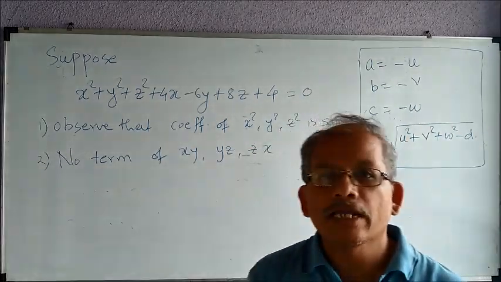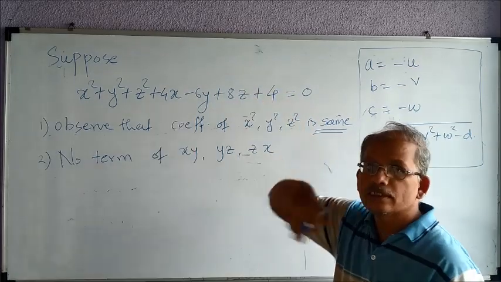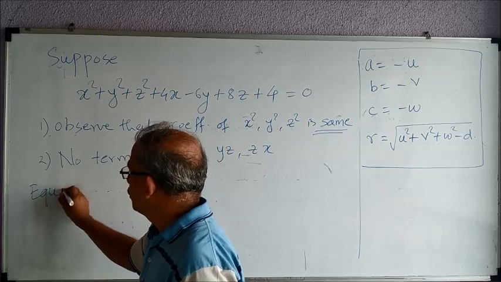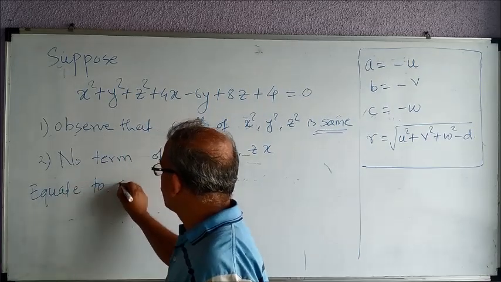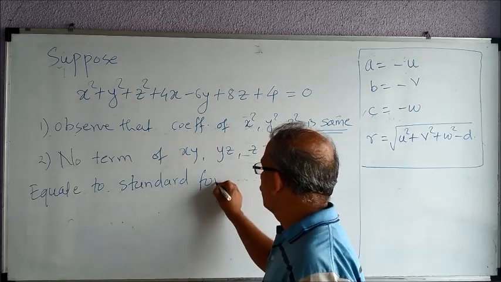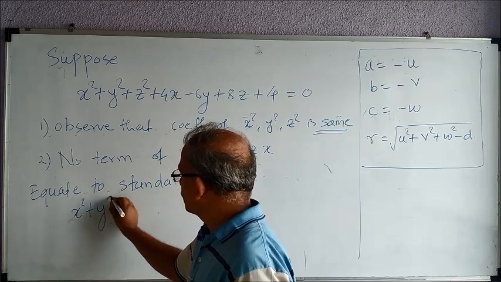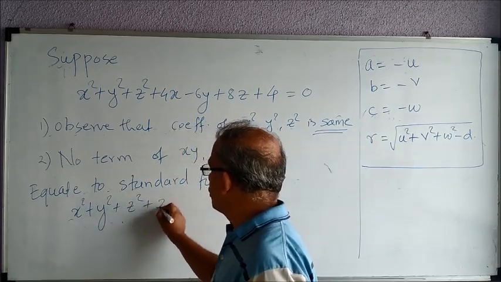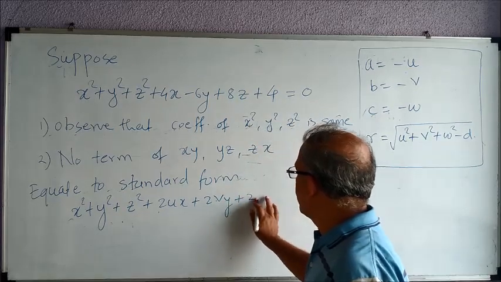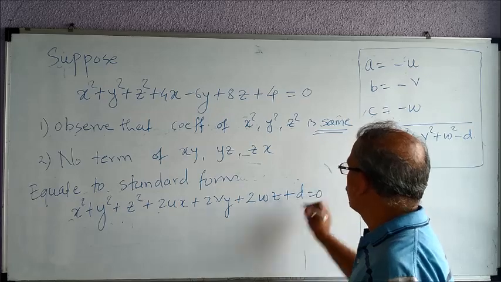And how do you calculate its center? We will just equate this to the standard form. What is the standard form? It is x square plus y square plus z square plus 2ux, 2vy, 2wz plus d equal to 0.